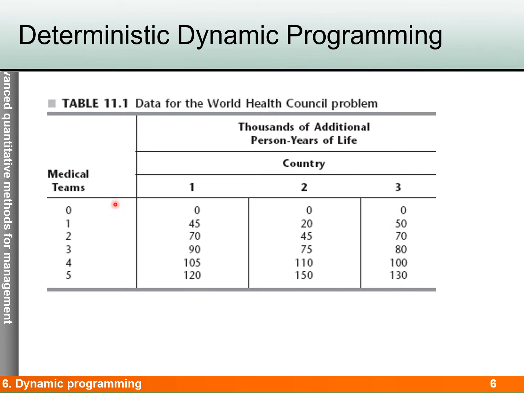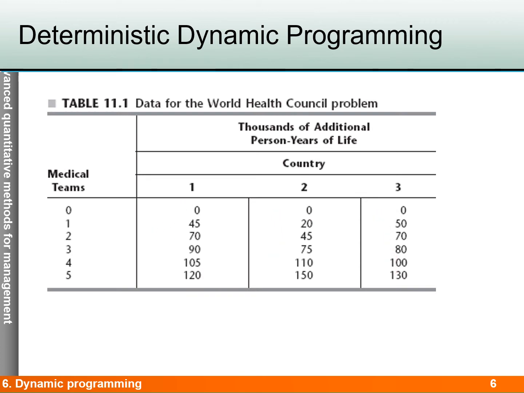So we need to know what the allocations of these 3 countries are that maximize the person years of life. As you see, and it's obvious, if the allocation in each of these countries increases from 0 to 1 to 2 to 3, the life expectancy will increase here as well, here as well.